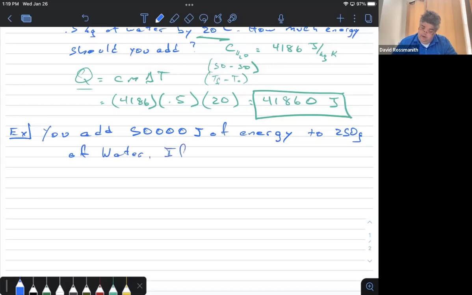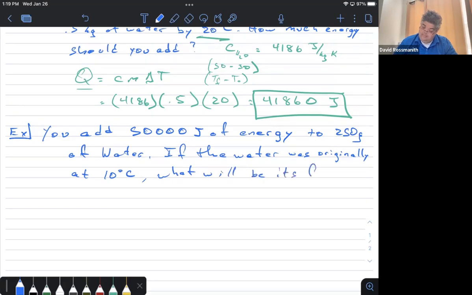If the water was originally at, let's say, 10 degrees Celsius, what will be its final temperature?